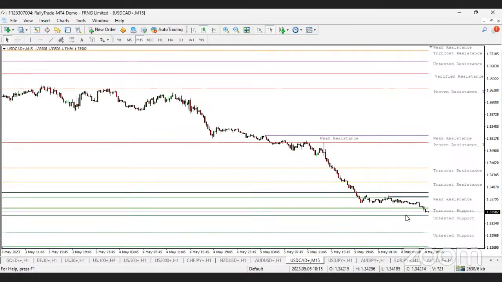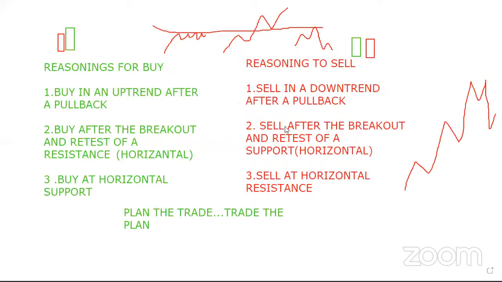Price has just broken a support. Now, if we go back to our reasons to sell, because we want to enter in and out very fast, one of the reasons to sell is to sell in a downtrend after a pullback, sell after the breakout and retest of a support.